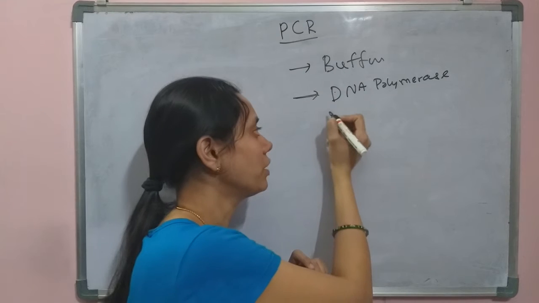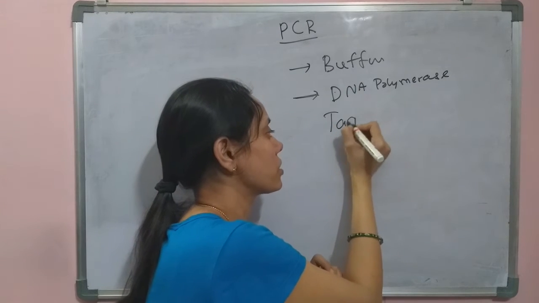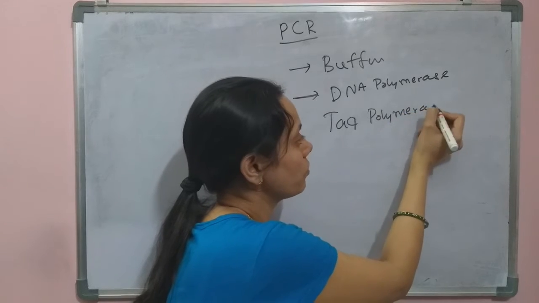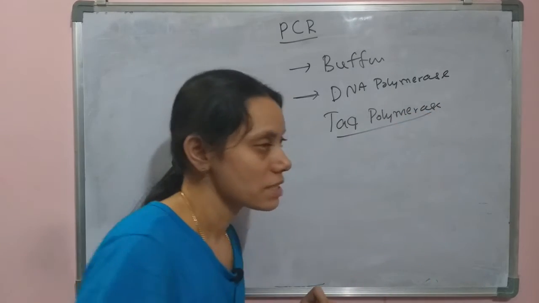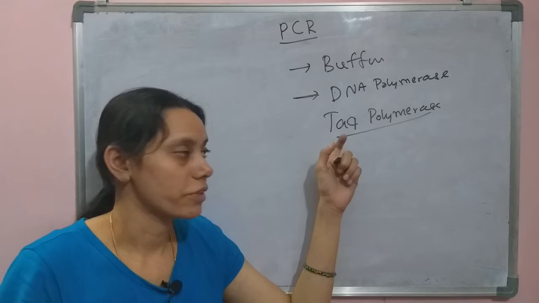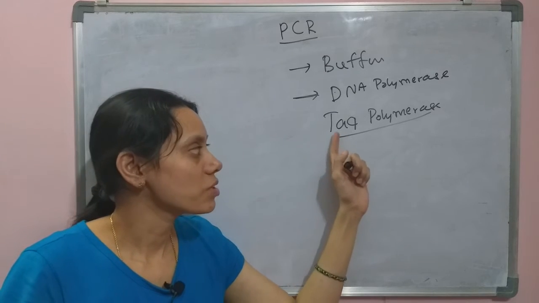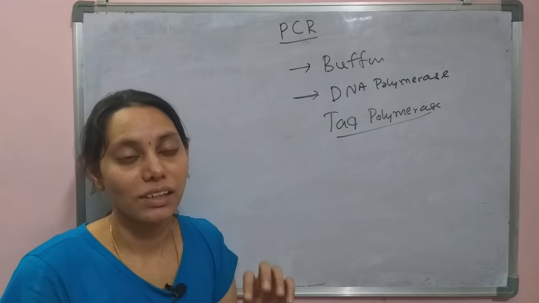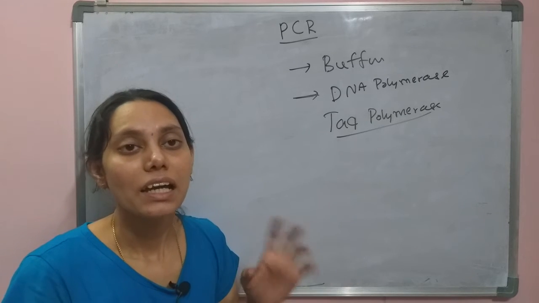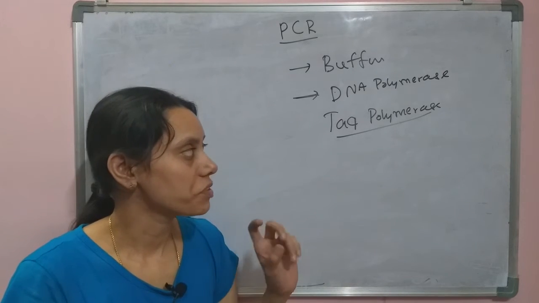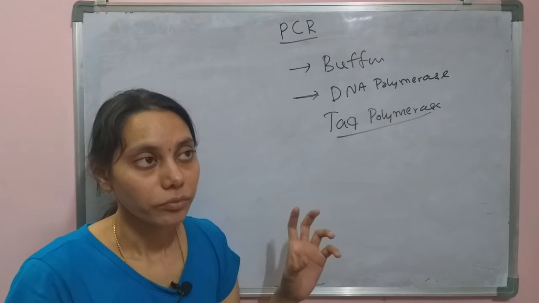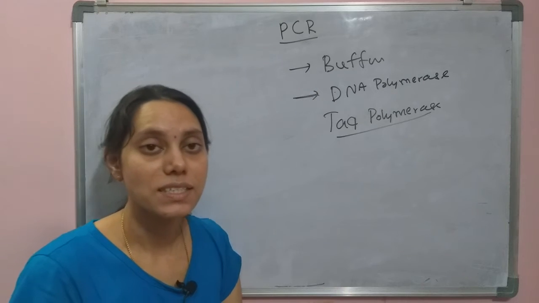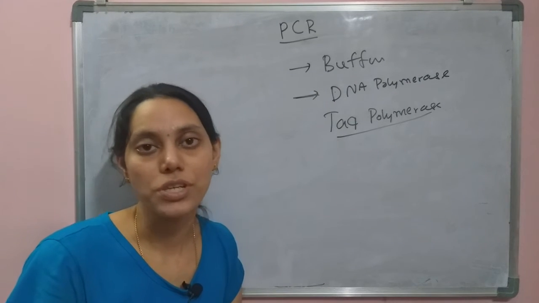So here the Taq polymerase will be taken. Basically, this Taq polymerase is obtained from the bacterium called Thermus aquaticus. This Thermus aquaticus bacterium is an inhabitant of hot springs. Because of the hot springs, the enzyme machinery of Thermus aquaticus is highly resistant to high temperatures.